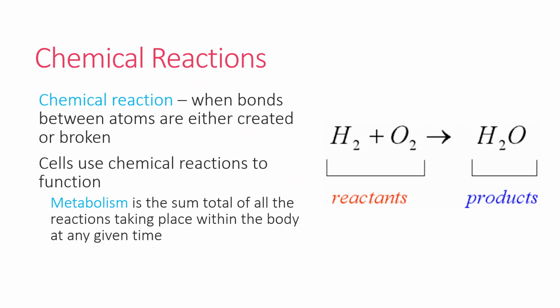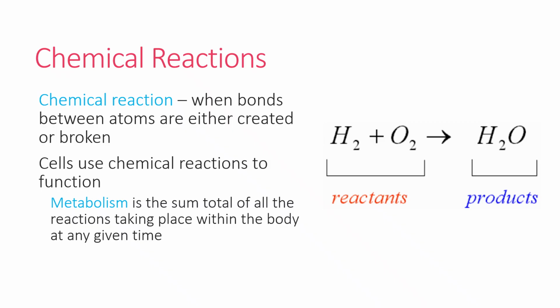But metabolism, the strict definition here, is the sum total of all the chemical reactions that take place within the body. So we are constantly undergoing chemical reactions. Sometimes we're building, sometimes we're breaking down, but there are constant chemical reactions taking place within the body. And metabolism is the sum total of all of those reactions.